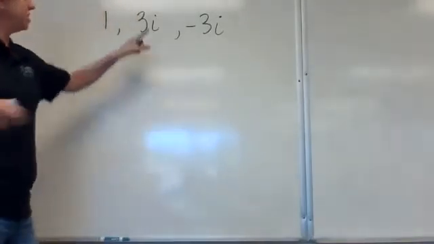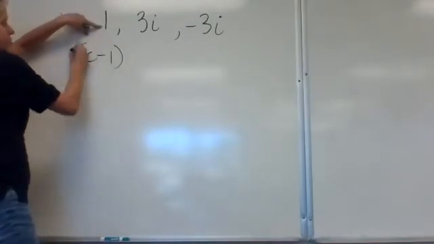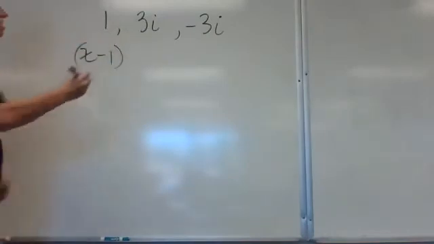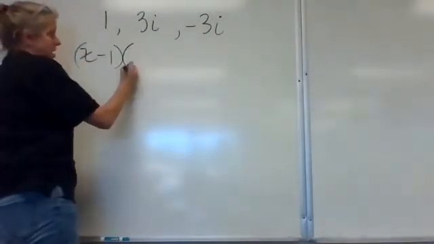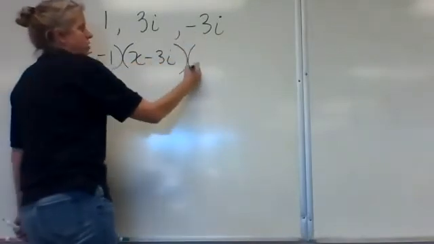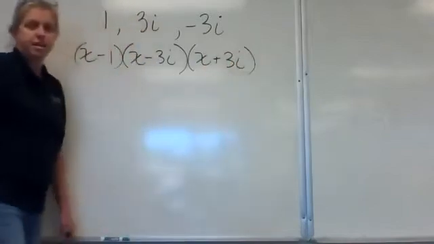So let's see, if this is the 0, what factor did it come from? Would it come from x minus 1? These work just the same. If positive 3i is the 0, it came from x minus 3i. This one would have come from x plus 3i.